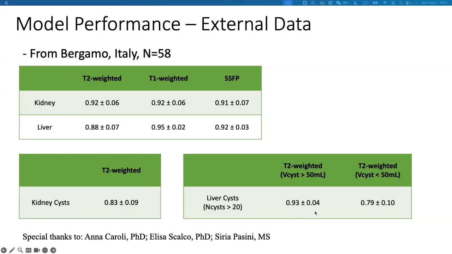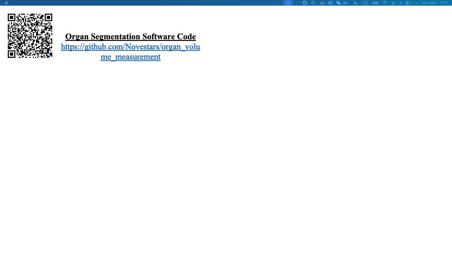For the liver cysts, the DICE score is better on the larger liver cysts. In addition, special thanks to Dr. Anna Connolly, who did further validation on a dataset from 6 centers on 73 MRIs, and they achieved a similar result. So the model code is available for usage.